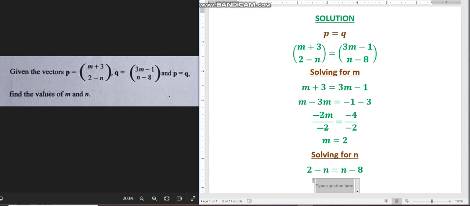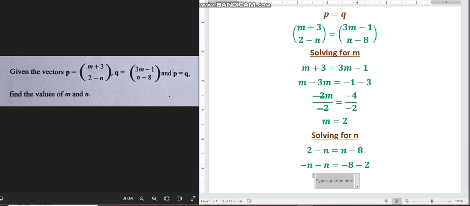So negative n, then we move the n on the right hand side to join the negative n on the left hand side. When we do this, the n on the right hand side changes to negative n as well, which will be equal to negative 8 on the right hand side, and then we push the 2 to join the negative 8, which becomes negative 2.